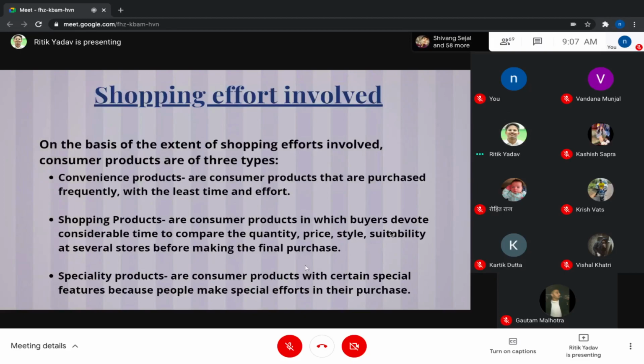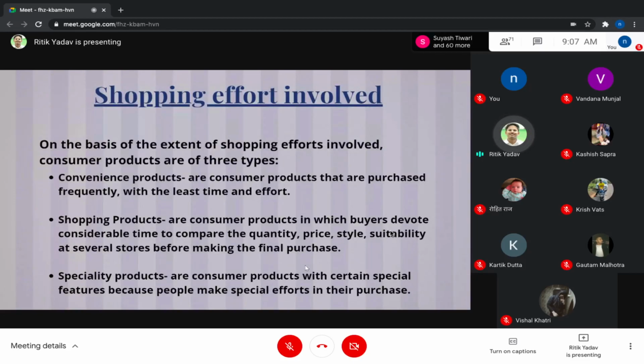They have standardized prices and the competition is very high because the supply exceeds the demand. We have some examples: ice cream, medicines, etc.